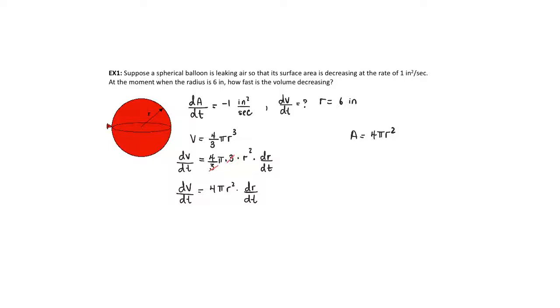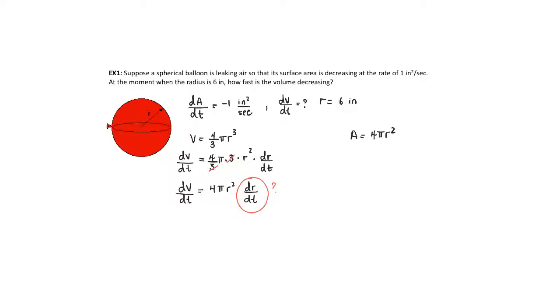So now you notice that I have obtained a formula, a relation that is expressing dV by dt in terms of another rate of change, dr by dt. The only thing though is that I don't know dr by dt. This particular quantity right here is unknown.